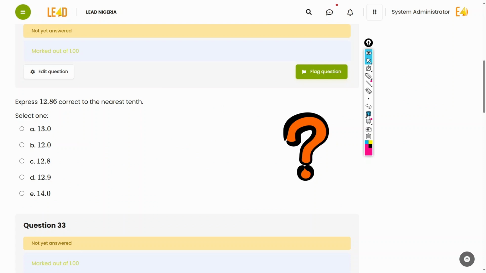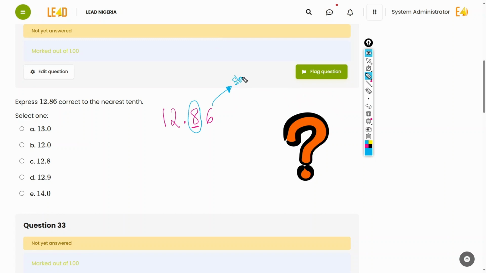Express 12.86 correct to the nearest tenth. We are rounding to the tenth position, which is the first decimal place. We'll test the next digit, the digit to the right. Strong or weak?